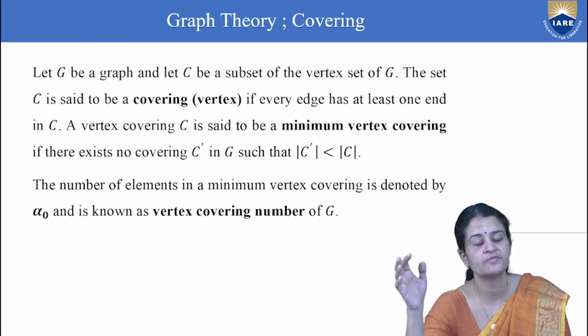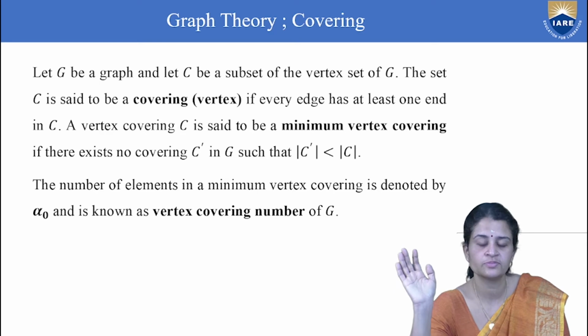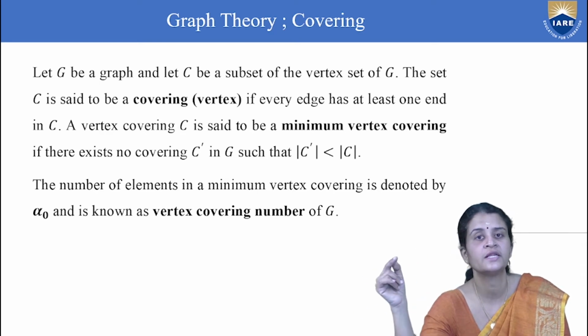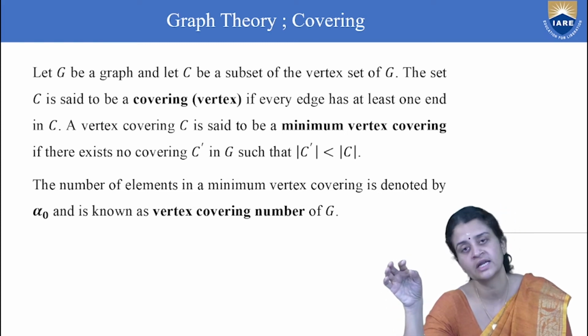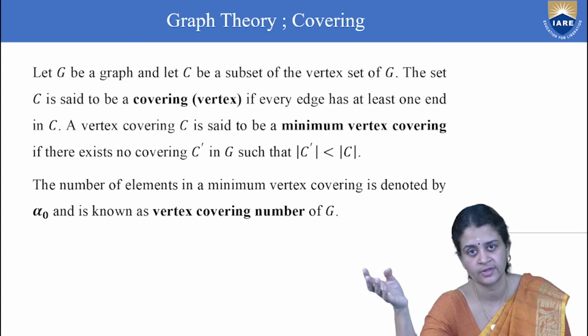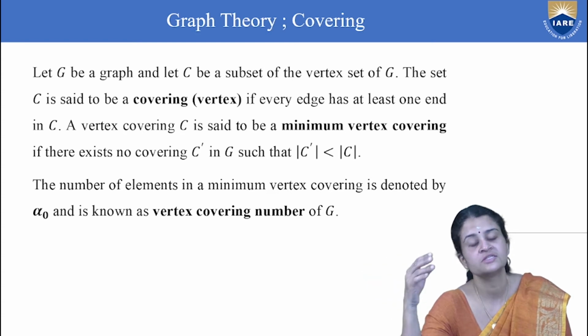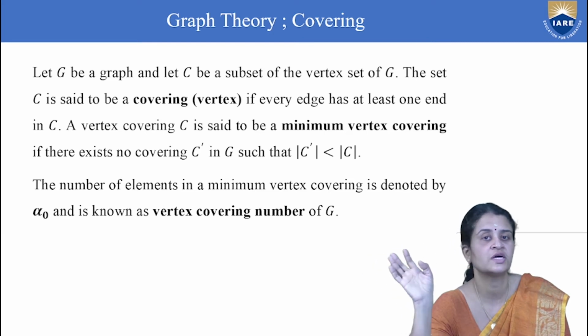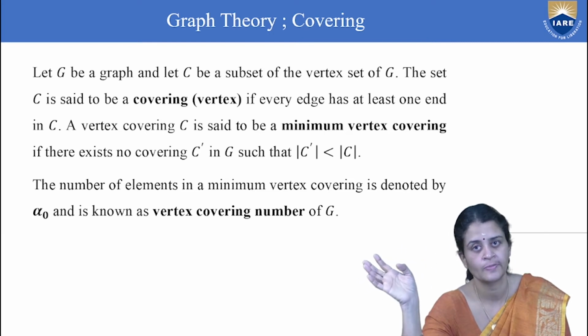Here we are saying that if C is a subset of vertices, then every edge has at least one end in C. A vertex covering with minimum cardinality is termed a minimum vertex covering, meaning there exists no other covering C dash such that the cardinality of C dash is less than the cardinality of C.